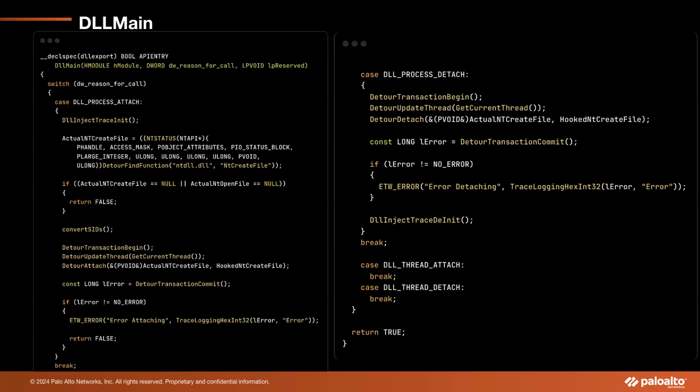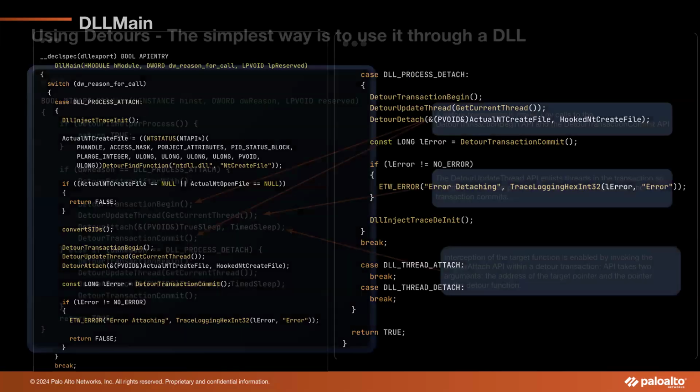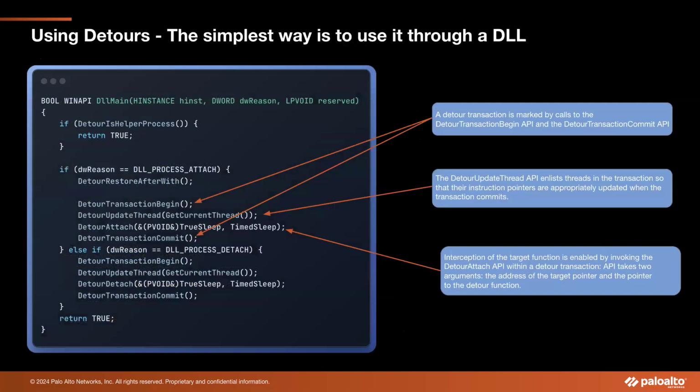So when you do the attach part, you're going to be able to find the current address and the current function that you're targeting. So here, the essential part is that once it attached, you need to give it the modified function you created, and then the actual function that you are looking for.